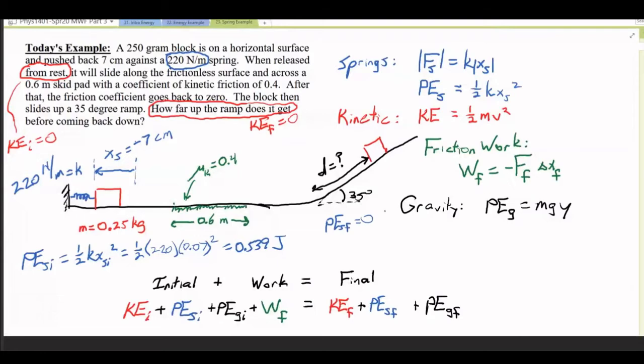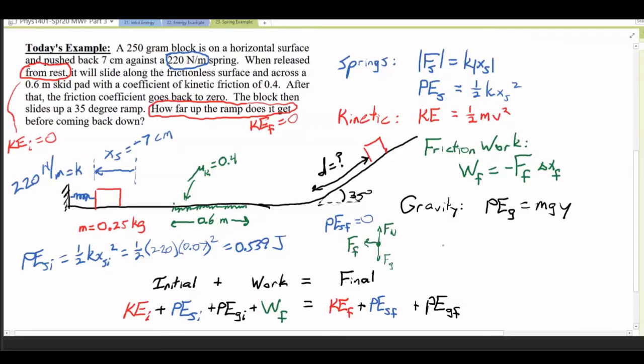So far, so good. Work due to friction. Let's think about that for a second. We have to think about the force diagram: force of gravity, force normal, and force of friction.